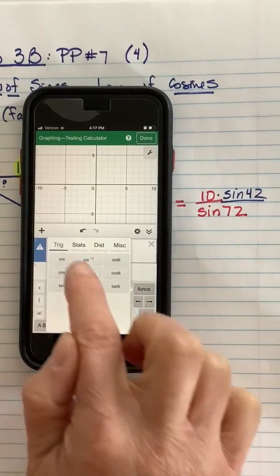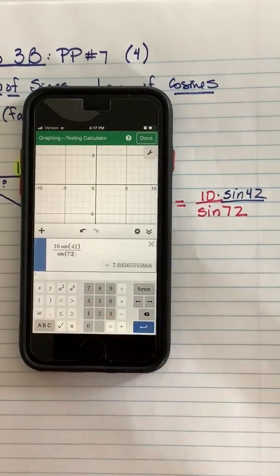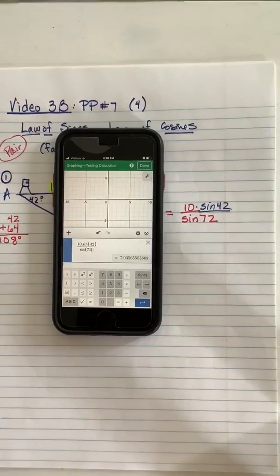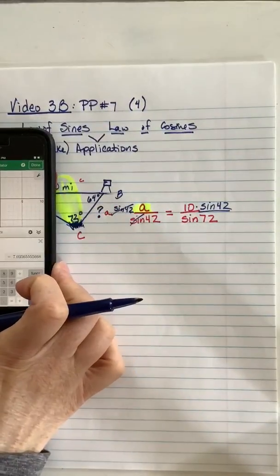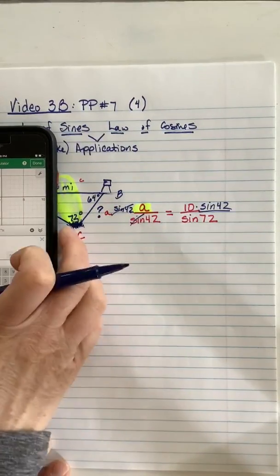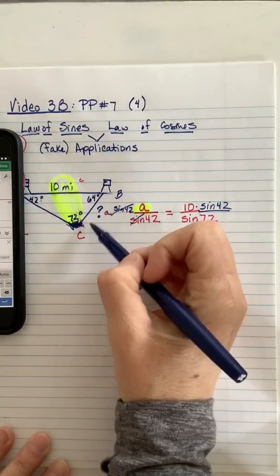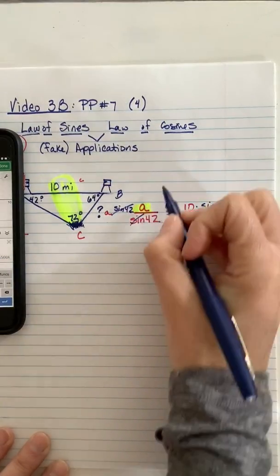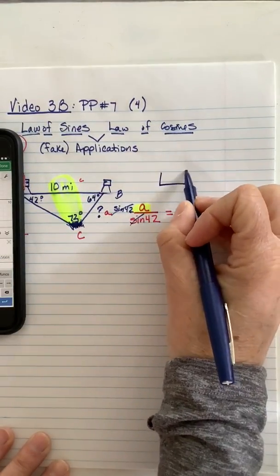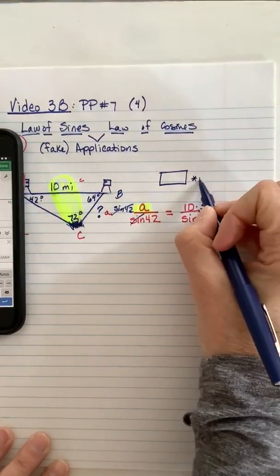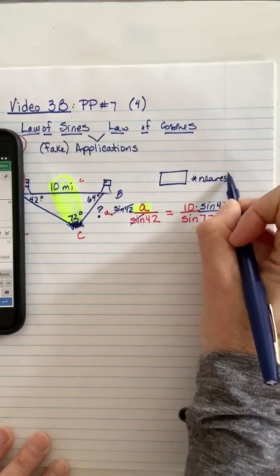Okay, so I'm thinking that an adequate answer for this would be 7.03. Again, be careful. We're going to see what we're missing. So you're missing this distance. And in terms of our answer, let's say we're going to round it to the nearest mile.